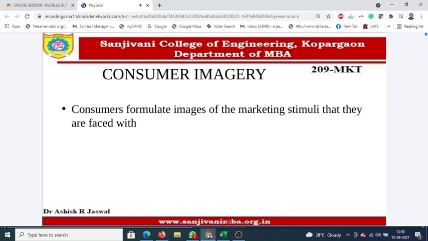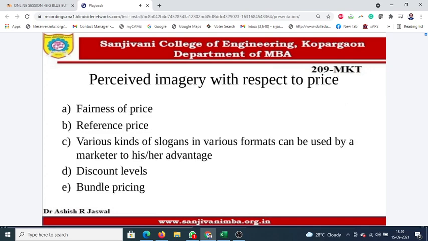If the perceived imagery with respect to price, let us look into that point. आपण काय करू, हे इमेजरी कन्सेप्ट समजण्यासाठी परसिव्ड इमेजरी आणि त्याचं प्राइसचं कन्सेप्ट जर केलं तर काय असेल इमेजरी. The manner in which marketer prices a product and creates an image has an impact on consumer decision making.